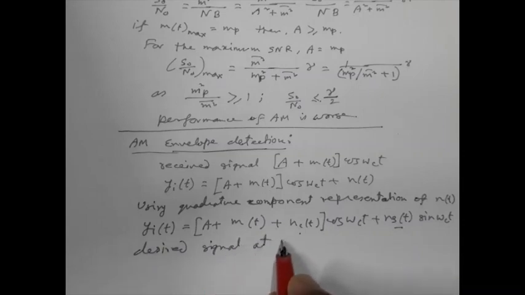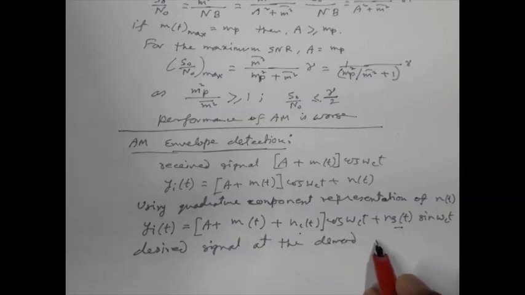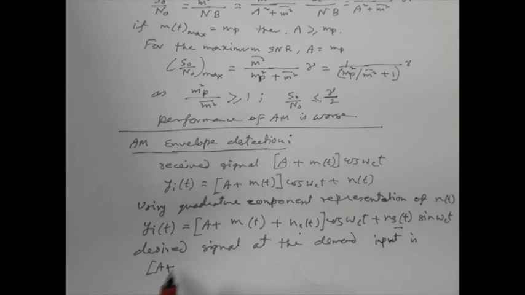The desired signal at the demodulator input is (A plus m(t)) cos omega ct.